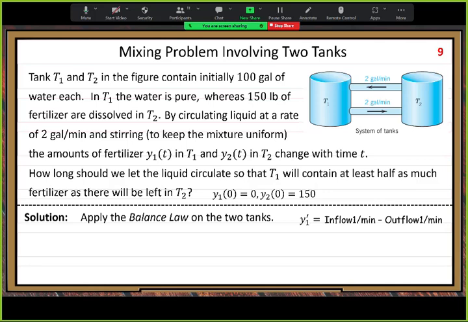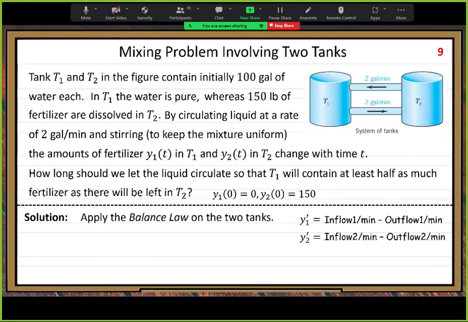For the first tank, Y1 prime, the rate of change in the first tank T1, equals inflow 1 per minute minus outflow 1 per minute for tank T1. That's the first linear equation by balance law.